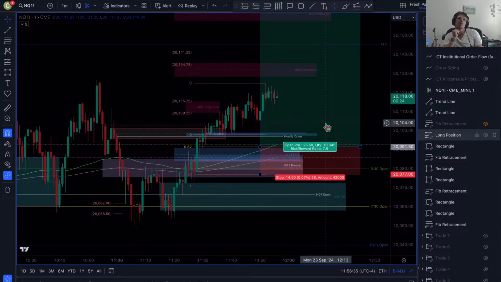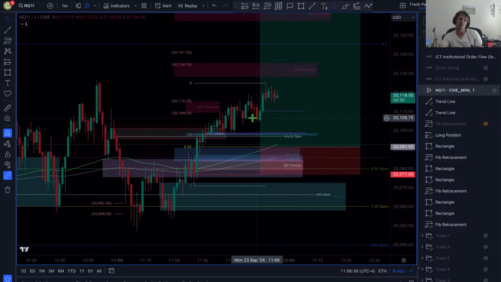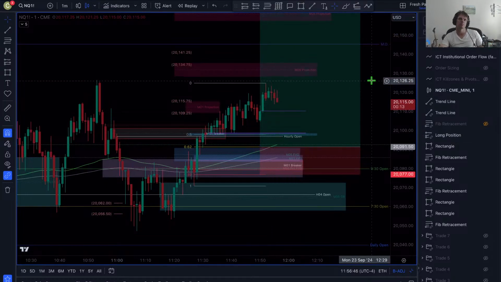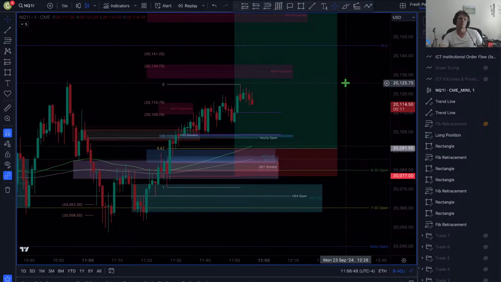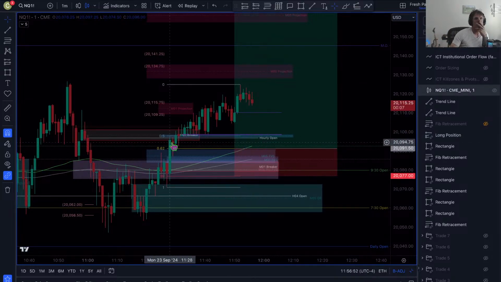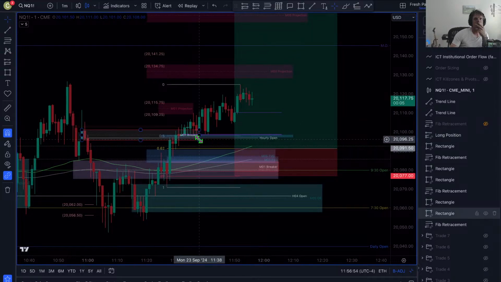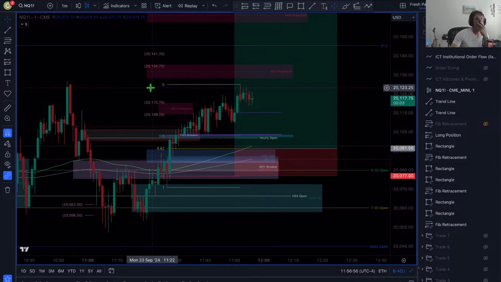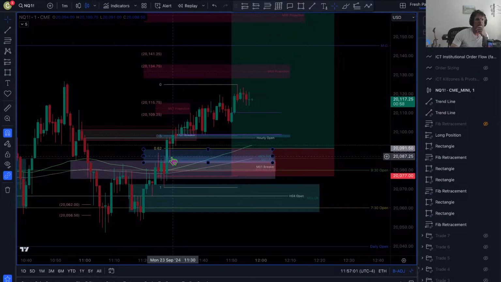Got the 200 right in there. A lot of low resistance liquidity if we break this. All of this is low resistance because it's been consumed on the way up. Any of the footprints here, only the next footprint's down here.